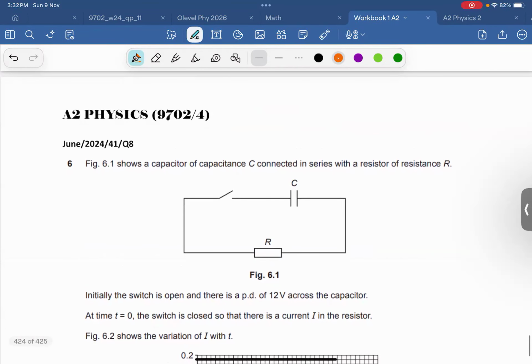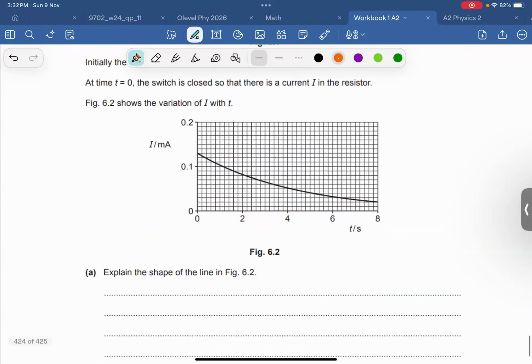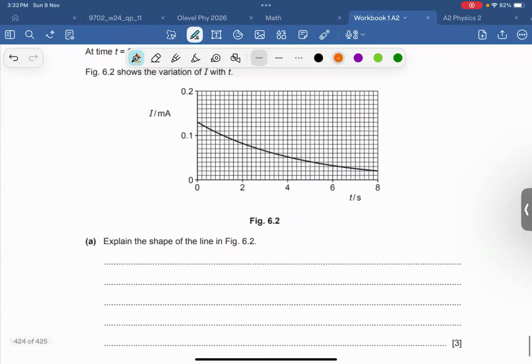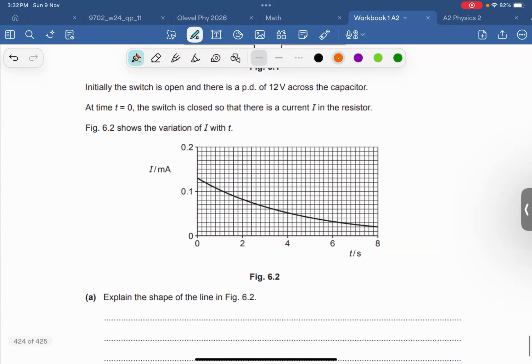Now they're saying, show that the capacitor of capacitance C is connected in series with the resistor of resistance R. Initially the switch is open, and when the potential difference of 12 volts is across the capacitor, the switch closes. They have given us the current. Explain the shape of the graph.